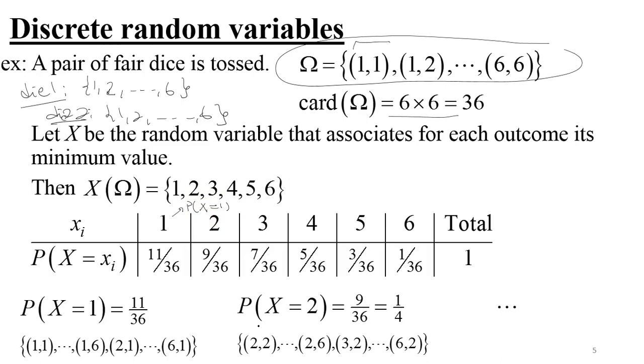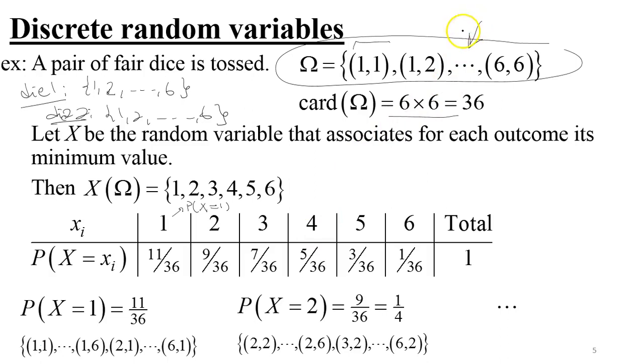In order to determine this probability, we need to count how many ordered pairs inside omega include 1 as at least one of the two outcomes from die 1 or die 2. As we've said already, 1 would be the minimum of the two outcomes if the ordered pair contains at least a 1.